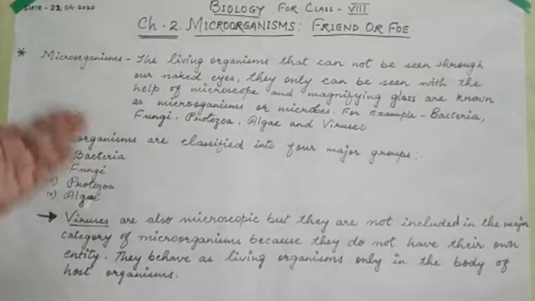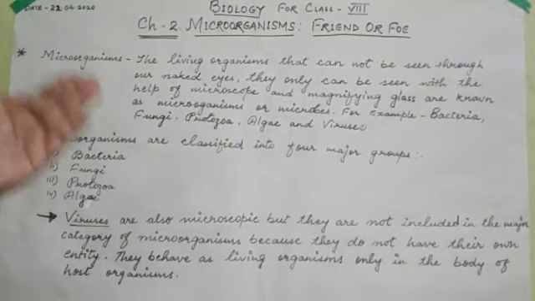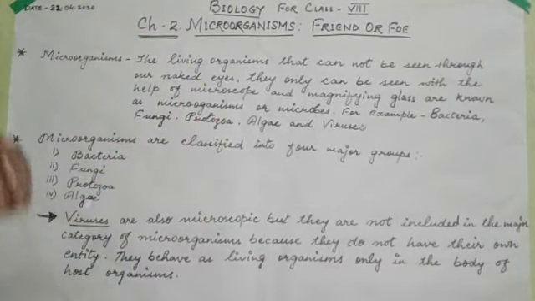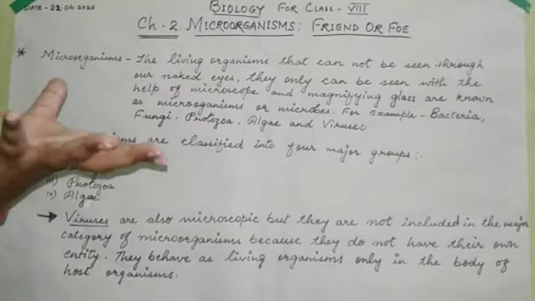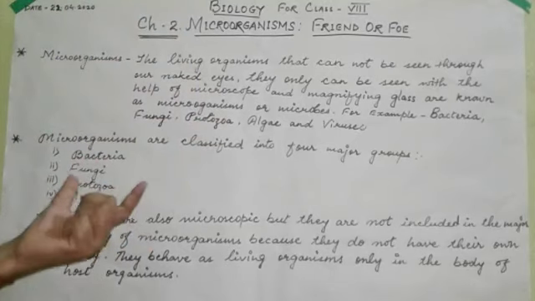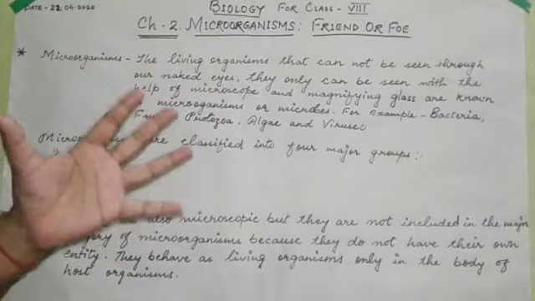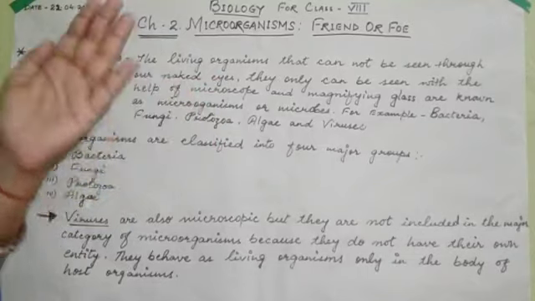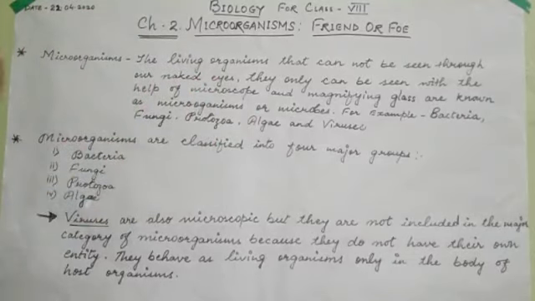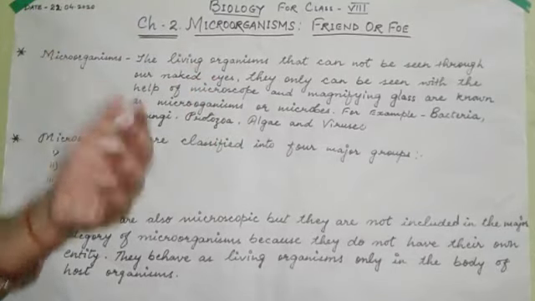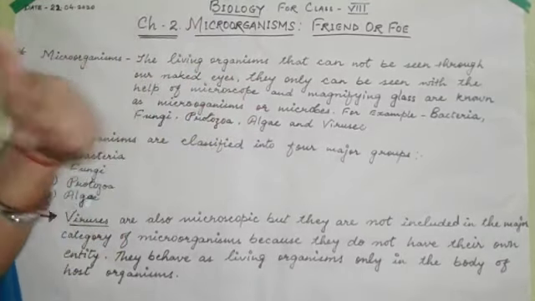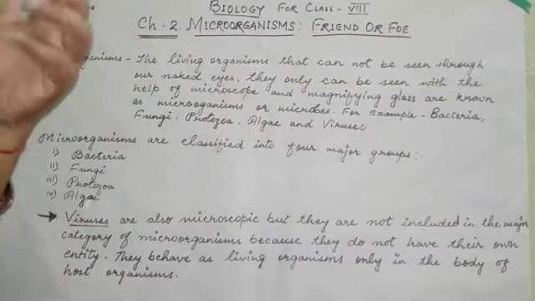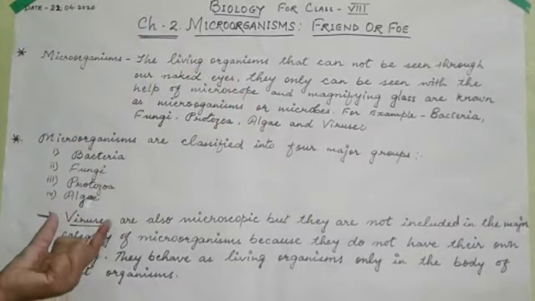But once they enter a living organism's body, they start reproducing fast and utilize the cellular machinery of that organism. Human bodies, plant bodies, and other animals' bodies are called host bodies for the viruses to which they attack.